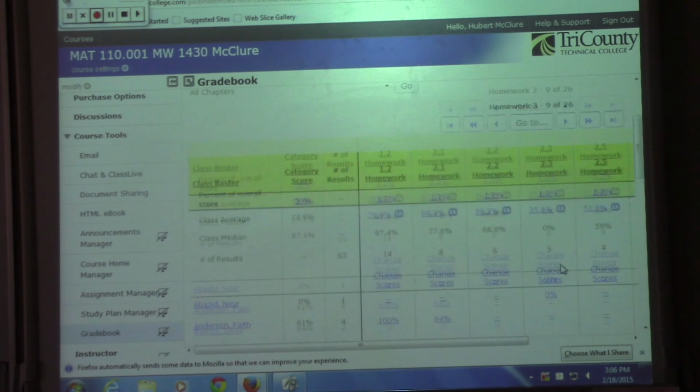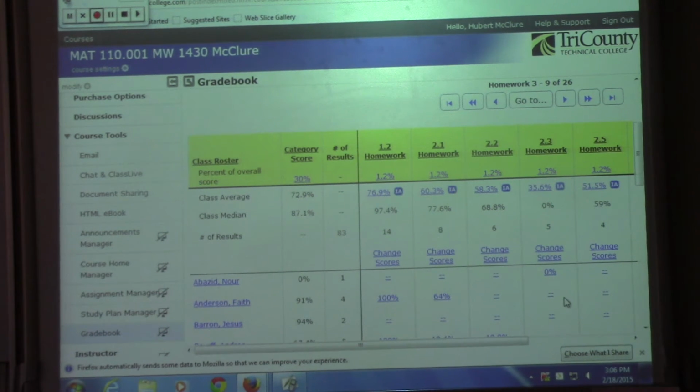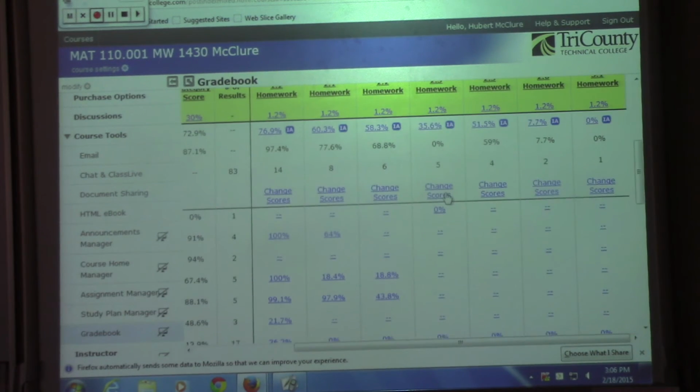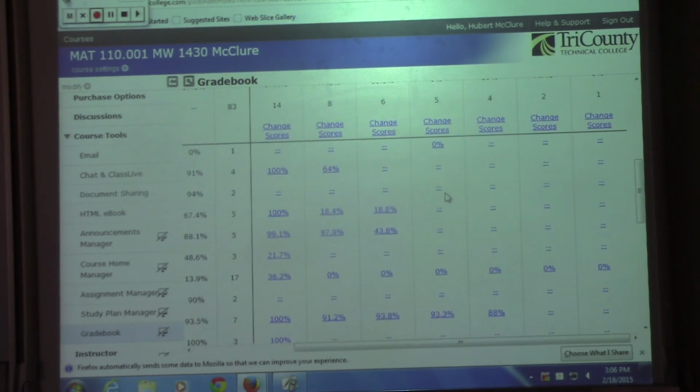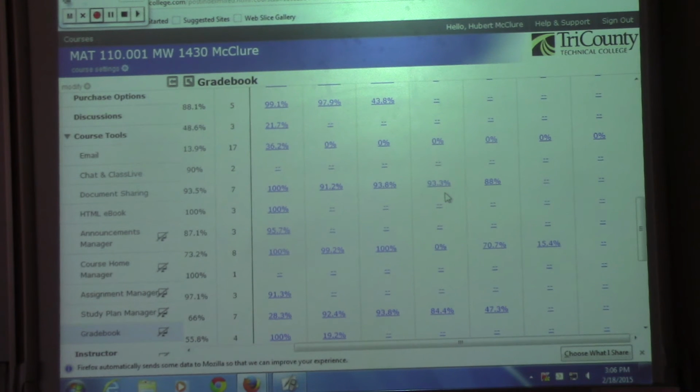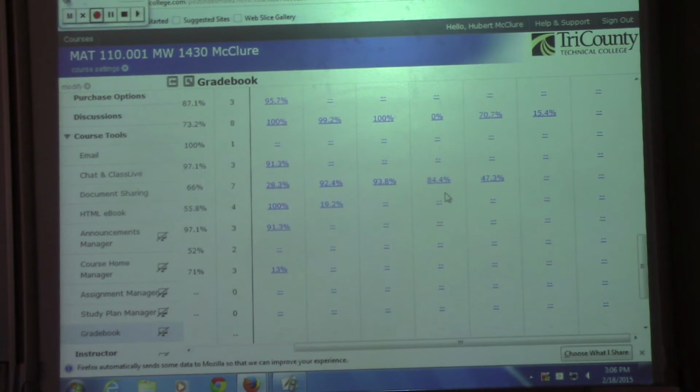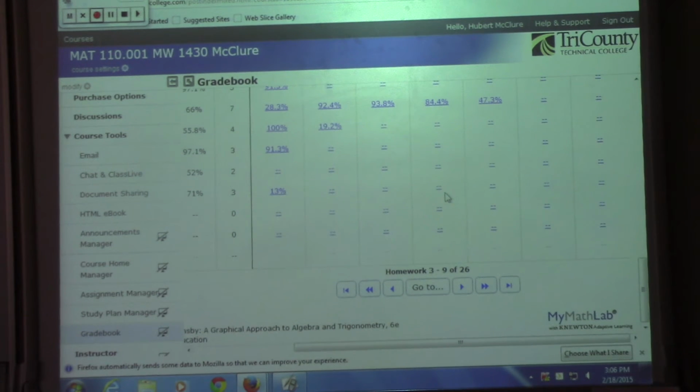Out of 21 people, we've got 1. Let's see, 2.1, 2.2, 4, 5, 6, 7, 8, 9, 10, 11, 12, 13, 14, 15. 15 of y'all hadn't done SWAT.